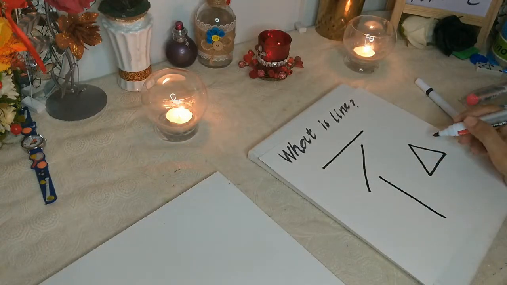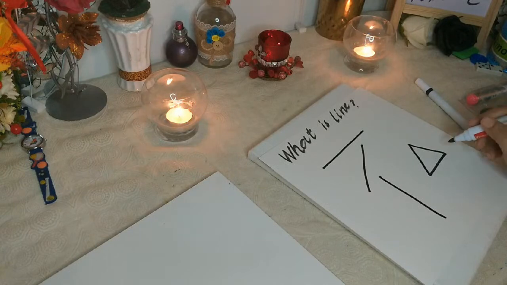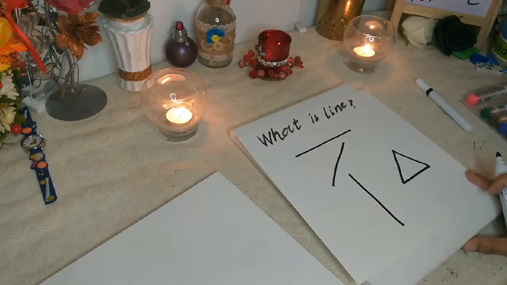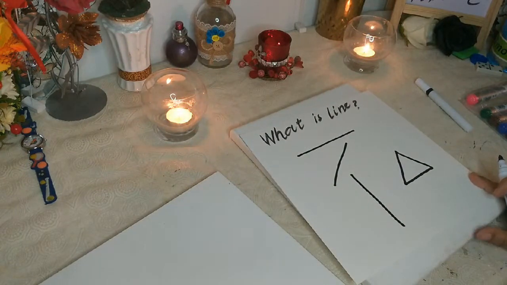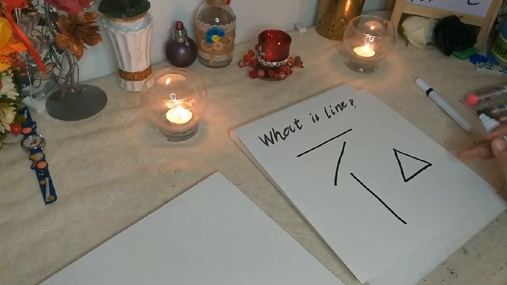Then what am I going to form? I am going to form a basic shape, a triangle. So this is the most crucial element because everything is made up of lines. Each and everything, space and other things, all are part of lines.